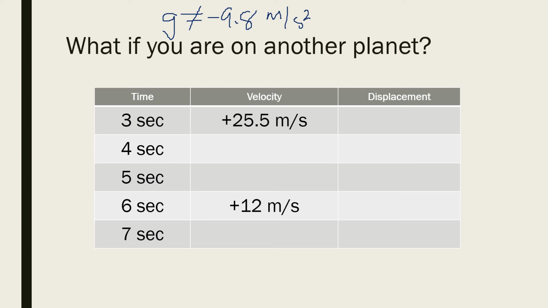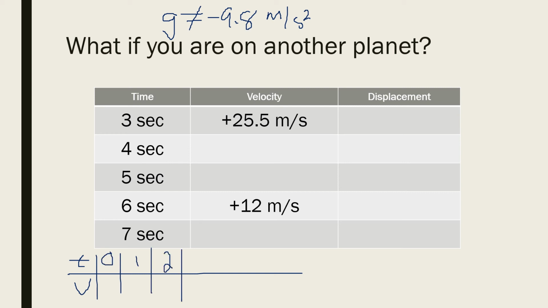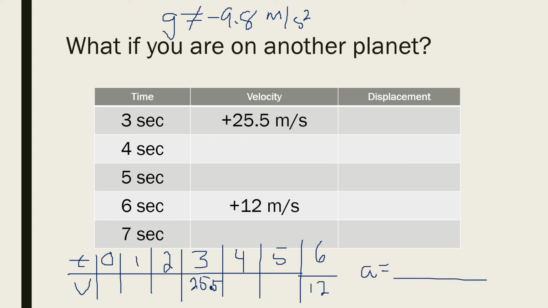Maybe if I wrote this exact same chart like this, you might feel a little bit more comfortable solving it out. 25.5, 4, 5, 6 is 12. If I said, hey, what's the acceleration of this chart? Bet you could all get that.